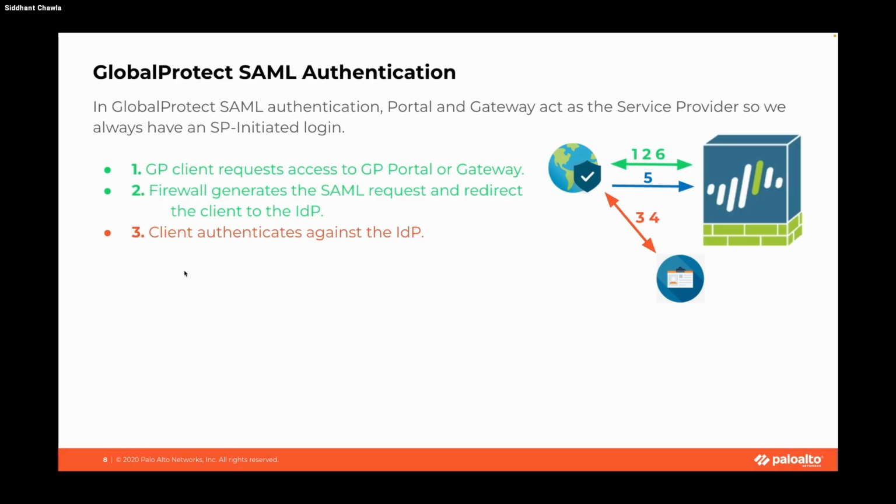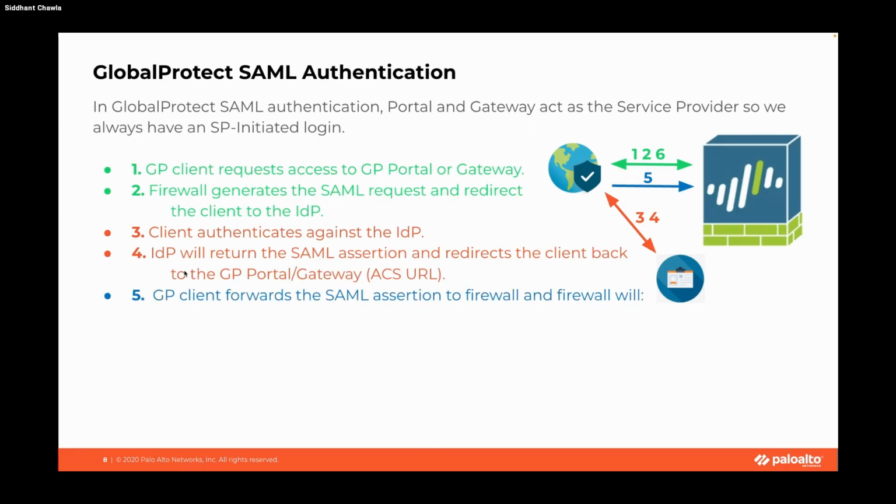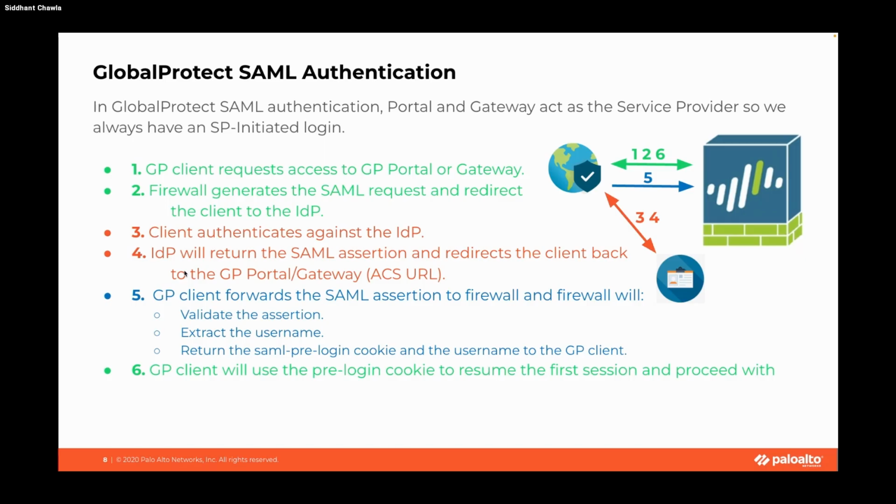The client authenticates against the IDP. The IDP will return a SAML assertion and redirect the client back to the GP portal gateway ACS URL. The GP client forwards the SAML assertion to the firewall, and the firewall will validate the assertion, extract the username, and return a SAML pre-login cookie and the username to the GP client. The GP client will use the pre-login cookie to resume the first session and proceed with the portal gateway connection.